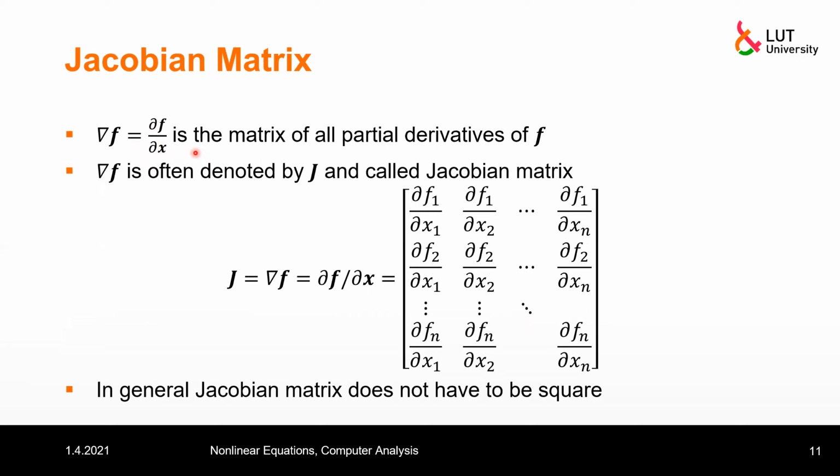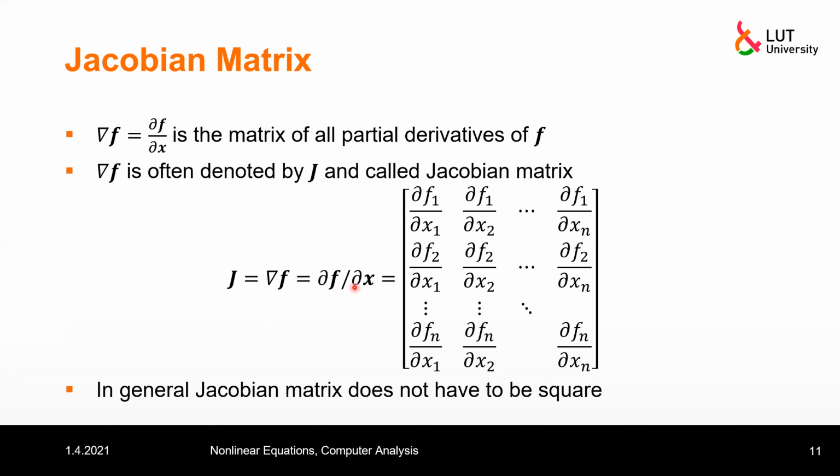By definition, this is the matrix of all partial derivatives of f. It is often denoted by capital J, and it's called the Jacobian matrix. That's why J, and we'll often use this notation. So our Jacobian matrix of function f is equal to that one, and in explicit form, it's written like here. For our case, this is an n by n matrix.